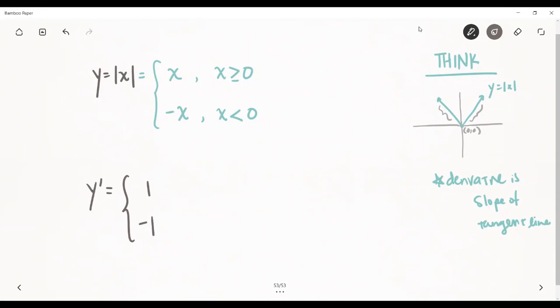And that looks about right, because slope of a tangent line, we can see it's a negative slope, right? So it's telling us the slope is negative 1. And over here, on the positive side, it's telling us the slope is 1. What about here, though?